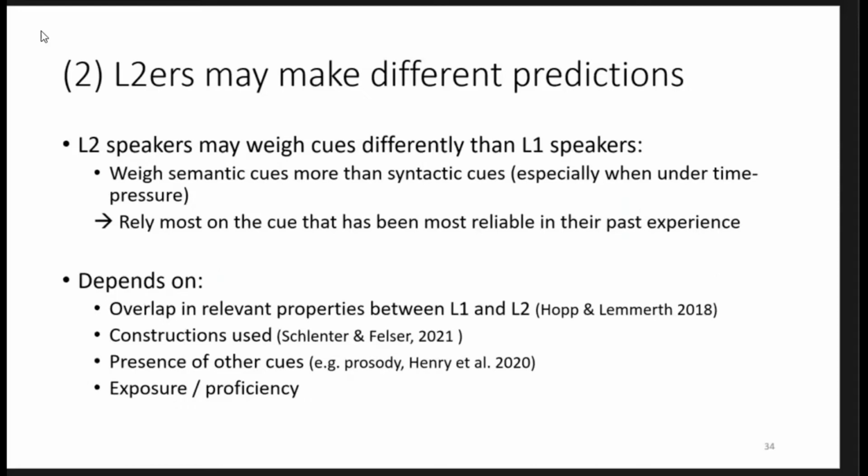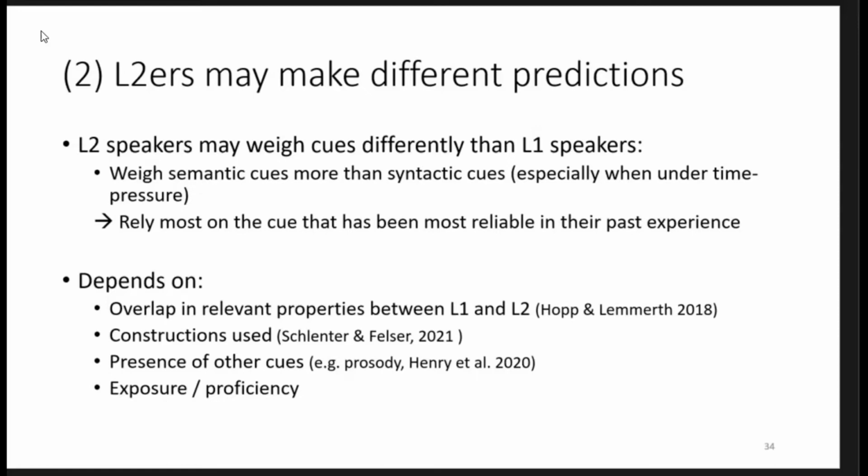Okay, so the predictions that people make depend on the overlap in properties between L1 and L2. It also depends on exactly the constructions used. If you look at more scrambling rather than these pretty marked object initial orders, Judith and Claudia showed that you can elicit prediction in L2 speakers. It also depends on the presence of other cues.